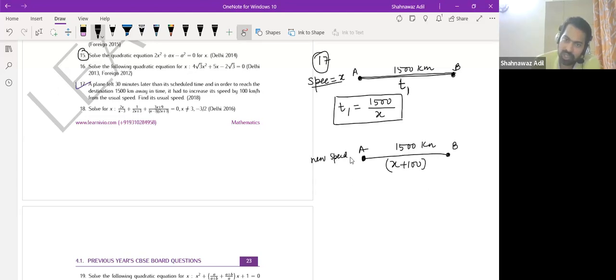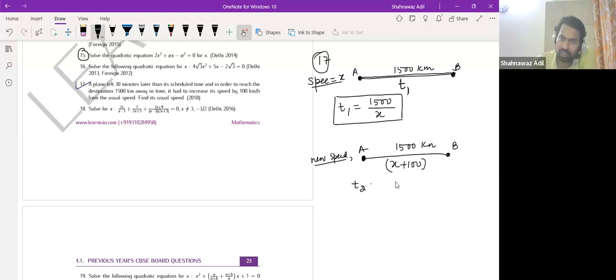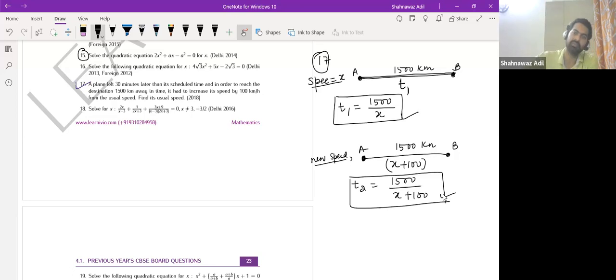So what would be the new timing? 1500 by x plus 100. Now Shaima will tell me which one is the bigger time, this one or this one?